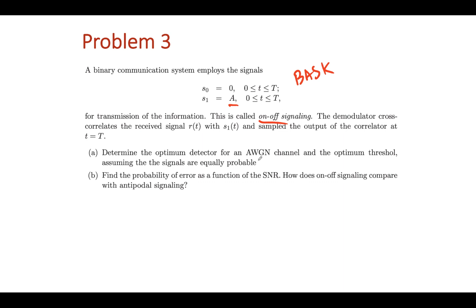Okay, so the first thing is that if you look into the energy of the signal, so the energy of S0 is 0, and the energy of S1 is basically this term.